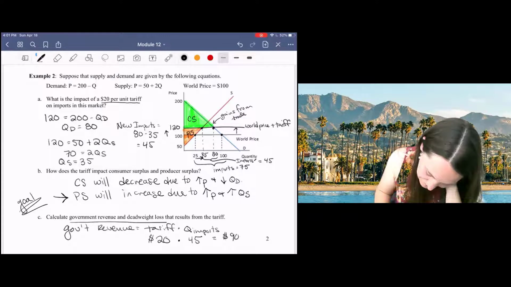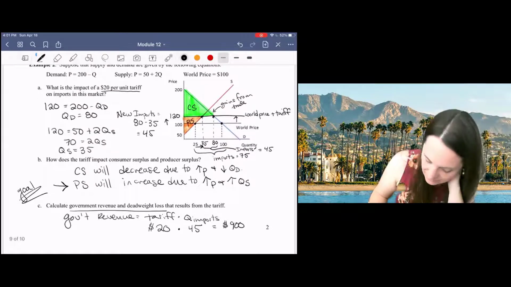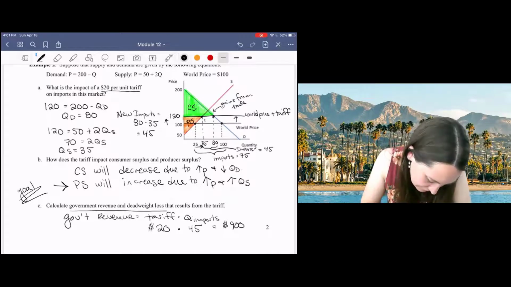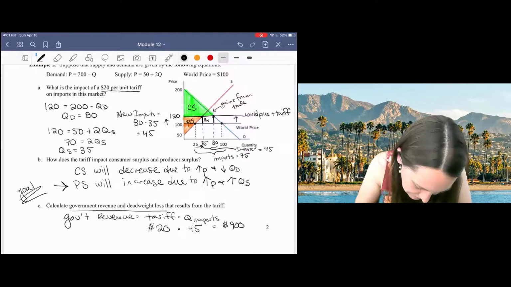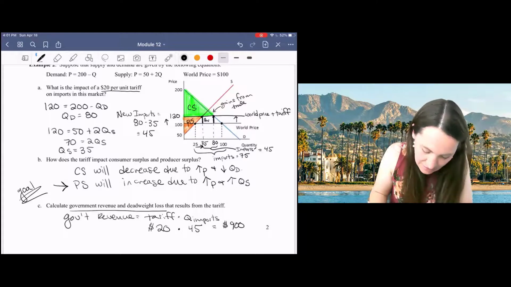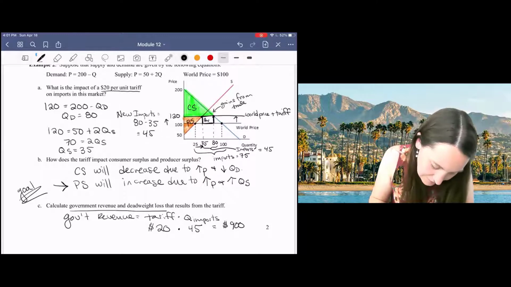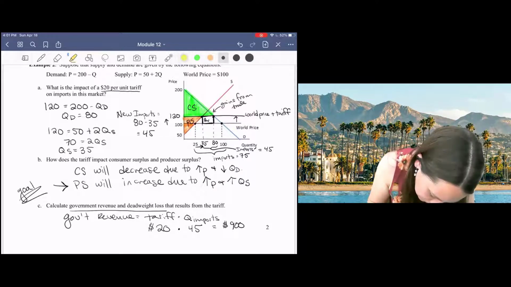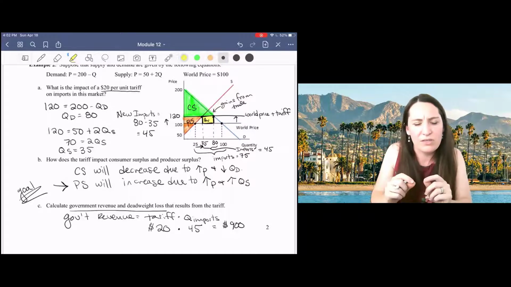So in this instance, the government revenue from the tariff is $900. And we can label that on the graph. You see the height here, the distance between the two lines, that's the tariff. And then the width here is the quantity of imports. So government revenue from the tariff is equal to that rectangle in the middle there.